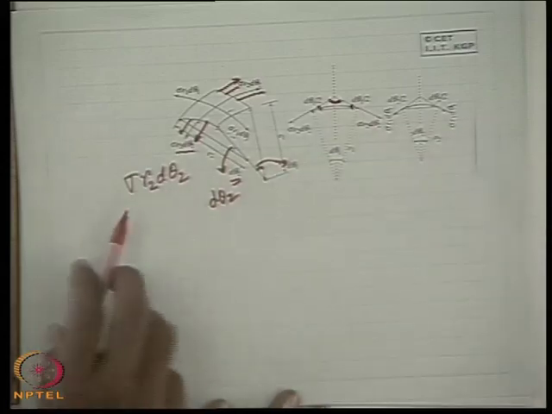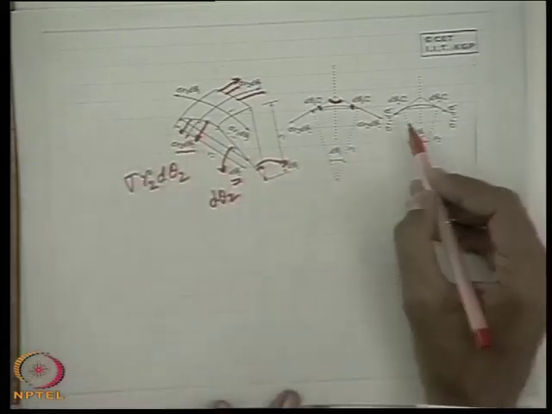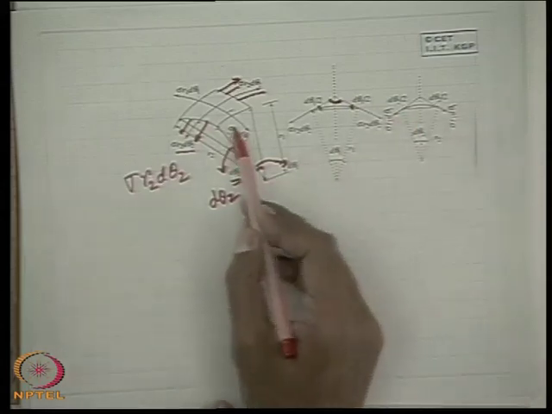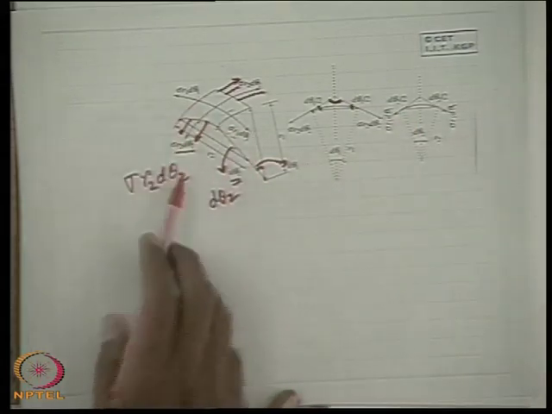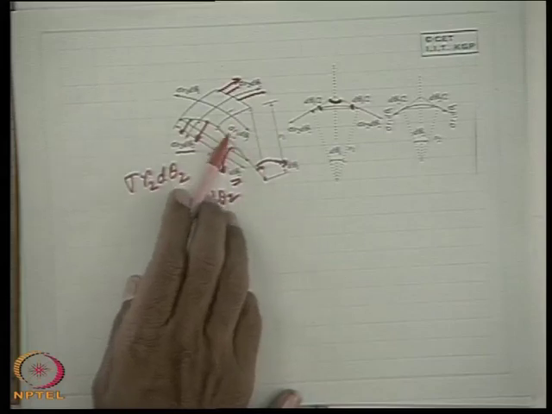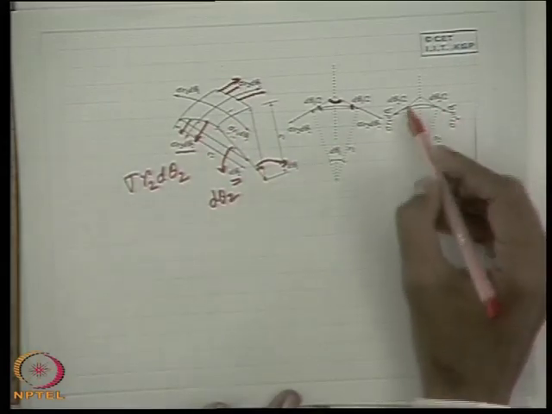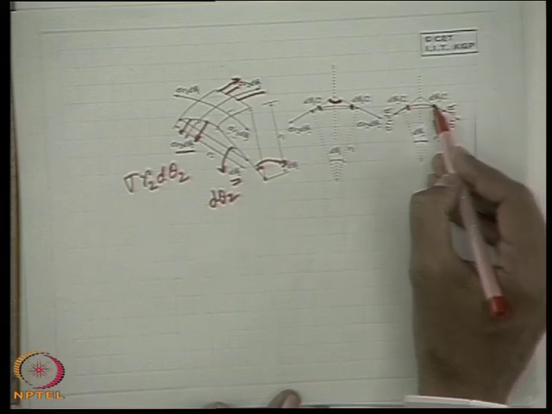Similarly, if we see the view from this direction, the forces acting are sigma R1 d theta 1 on each side, and from simple geometry these angles are d theta 2 by 2.